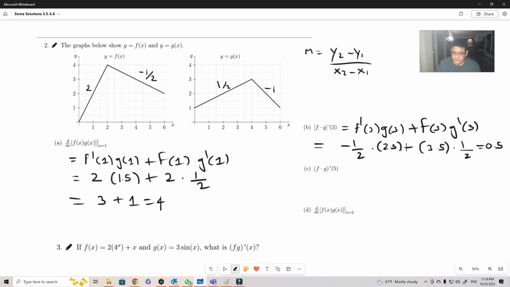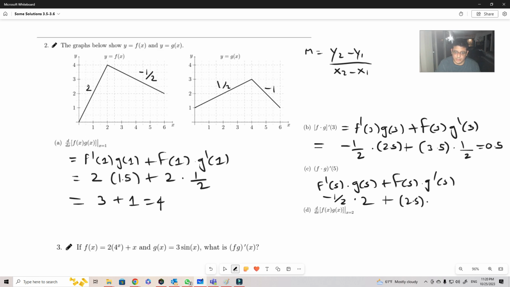Now similar here with the value 5. At this point, you understand that this is f prime of 5, g of 5 plus f of 5 times g prime of 5. And then you can check every single one of those values. So at 5, f prime gives me the slope minus 1/2. g of 5 is 2. f of 5 is going to be 2.5.